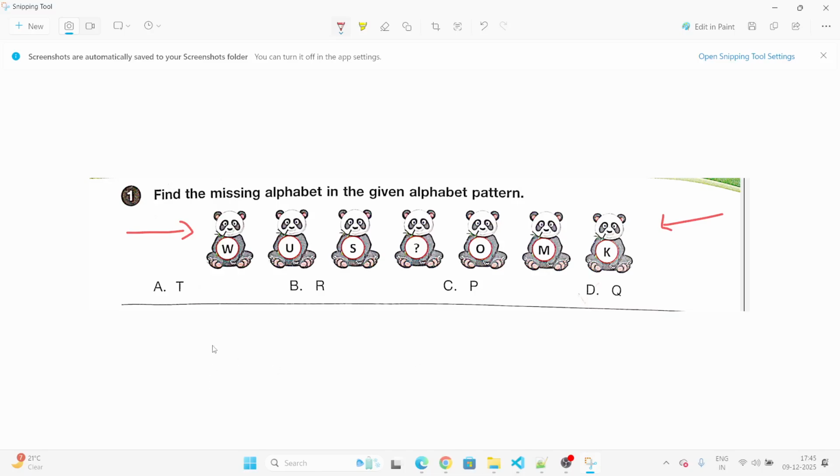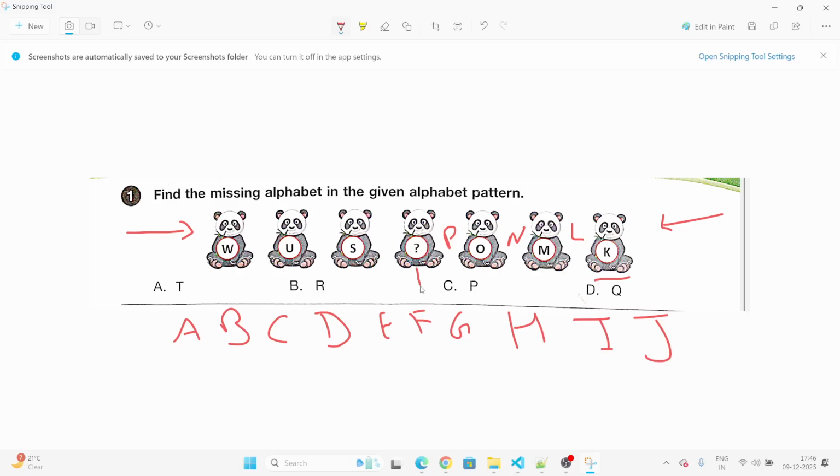We have A, B, C, D, then E, F, G, H, I, J, and here we have K. After that, L, then M, then N, O, and then P, and finally Q. So we got the answer.